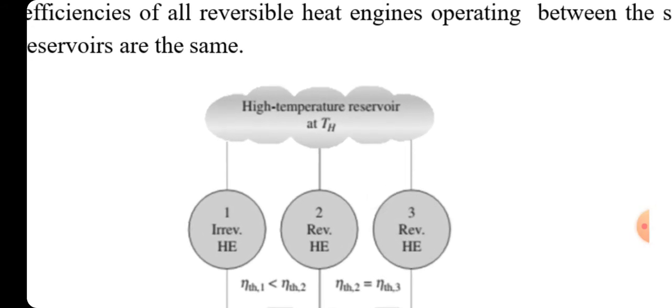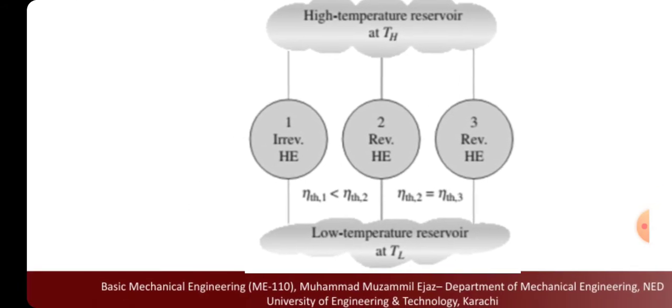Because reversible cycles are ideal cycles and irreversible cycles are real-world cycles, energy is released. We don't have a perfect insulator. When we are passing steam from the boiler to the turbine, we need a perfect insulator so as not to reject heat into the environment.